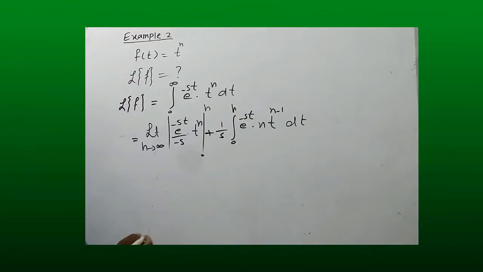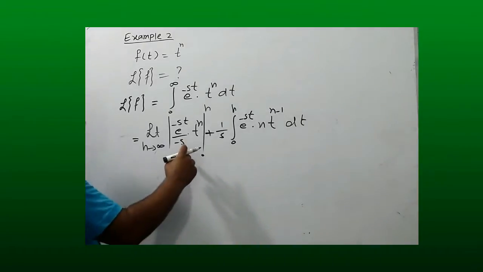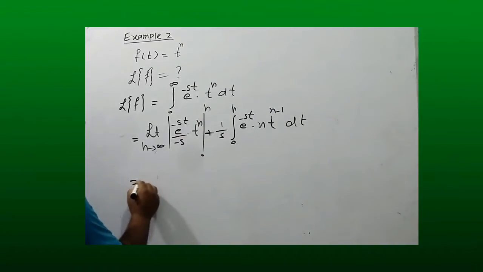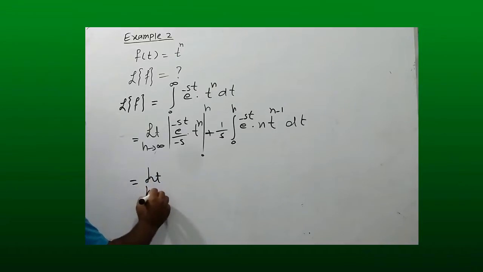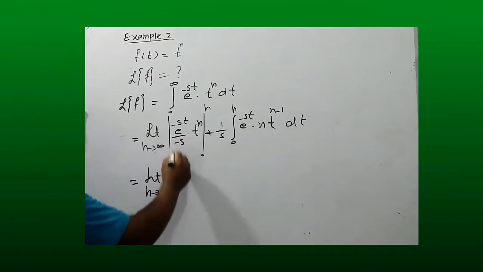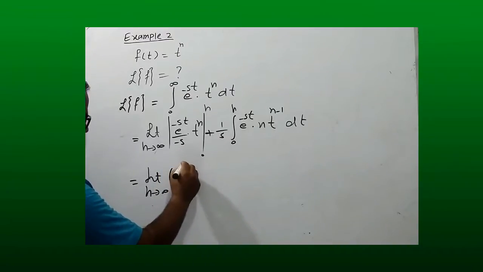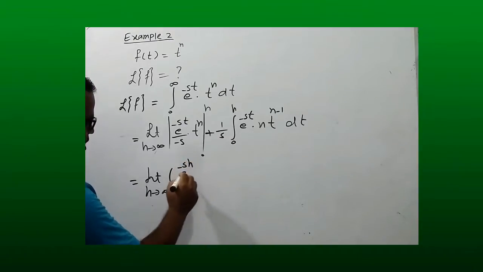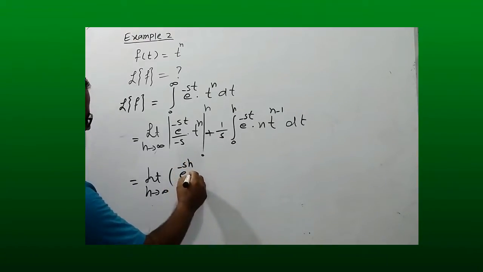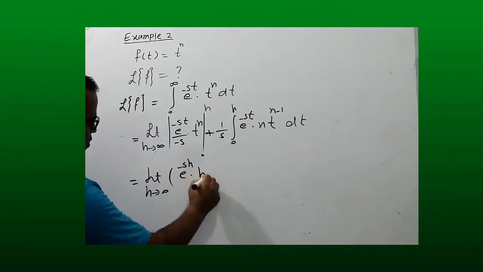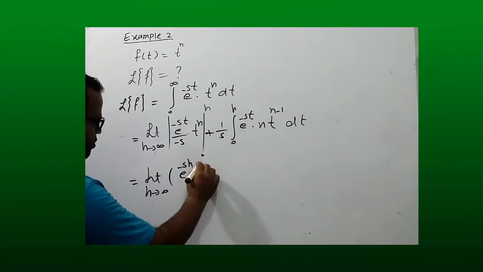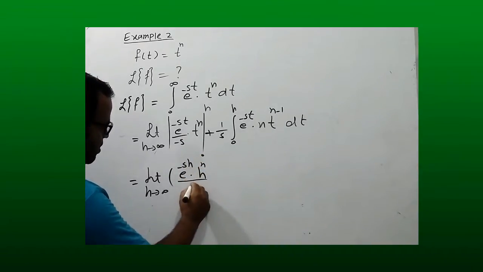So of course when we put h over here, as h approaches infinity, it will be e raised to the power minus sh and h raised to the power n over s.